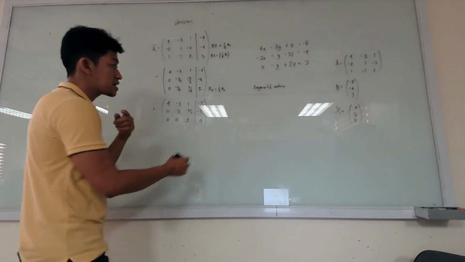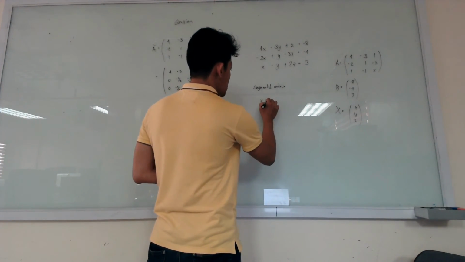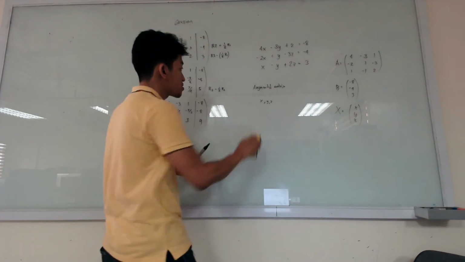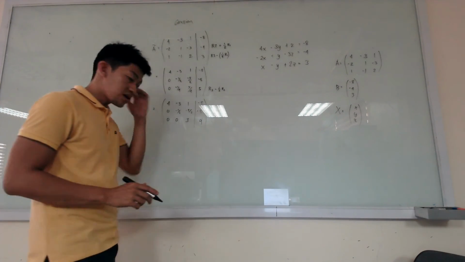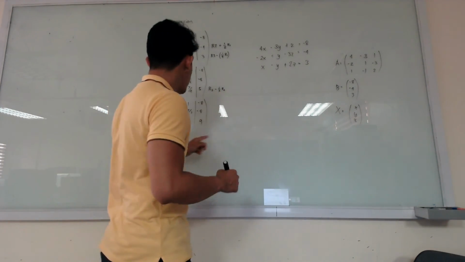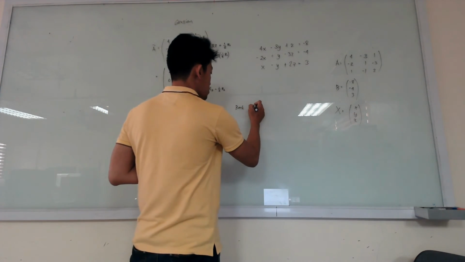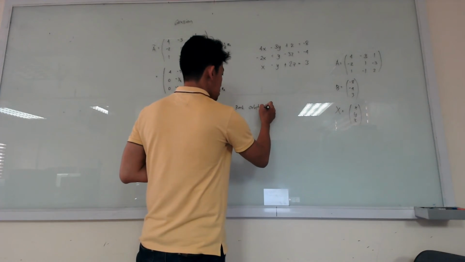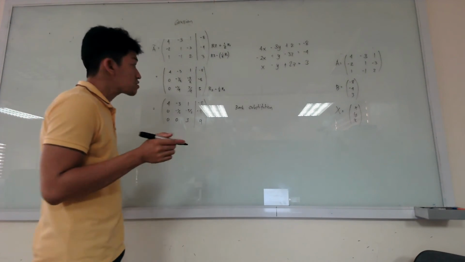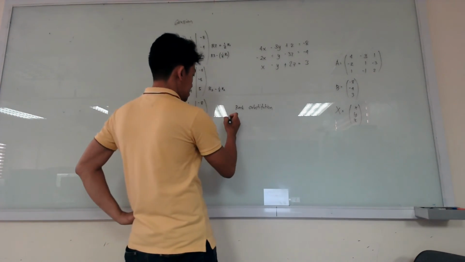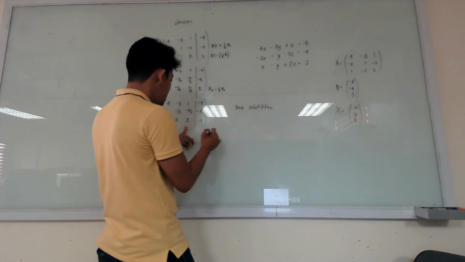Okay, next. Pag humani mo ani, ang objective na to is to determine the value of x, y, and z, or the solution of the system of linear equations. So ang buhaton ni mo na, ibalik ni mo niya sa equation form, using what you call the back substitution. Back substitution. Okay, ibalik naman siya sa equation form.